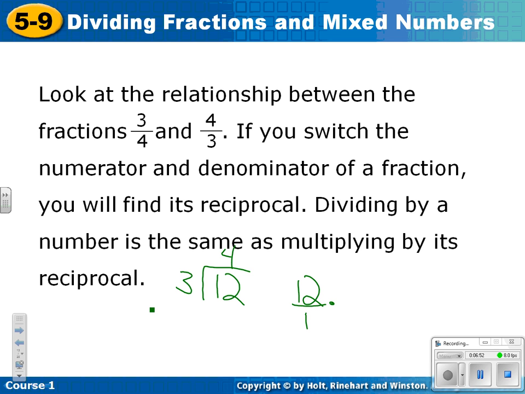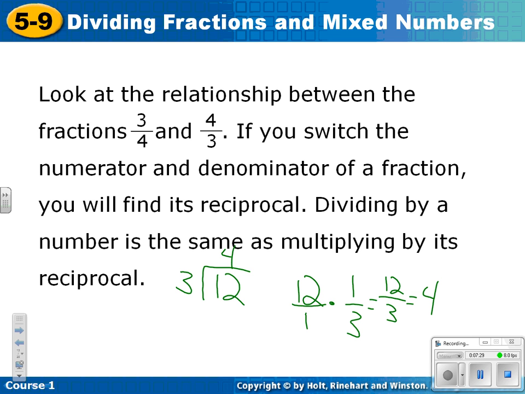We already talked about it. What is the reciprocal of 3? Twelve times 1 is 12. 3 times 1 is 3. What's the reduced form of that? 4. Dividing by a number is basically multiplying by its reciprocal.